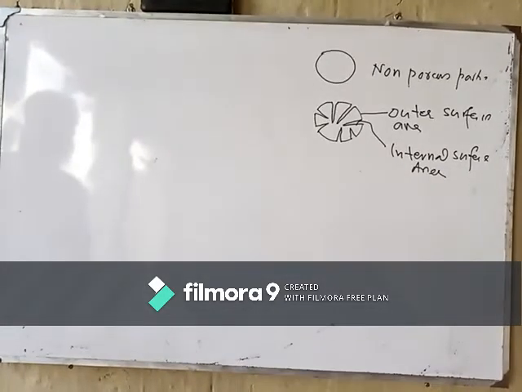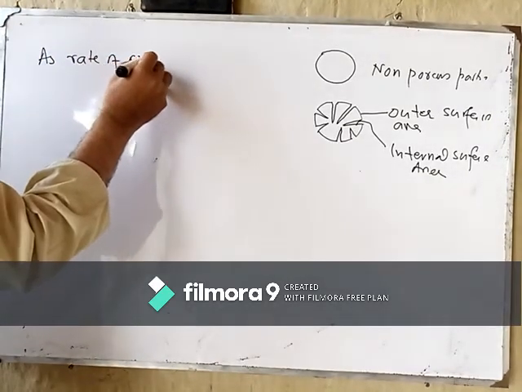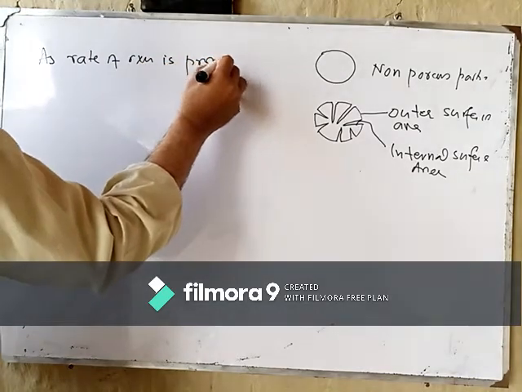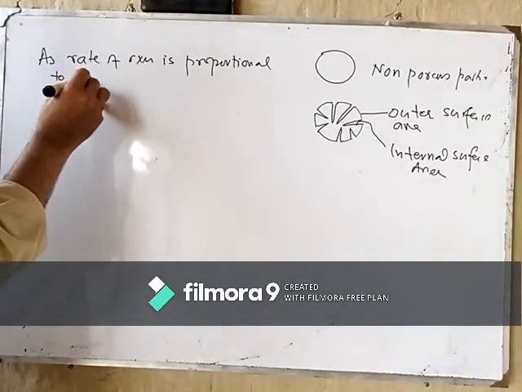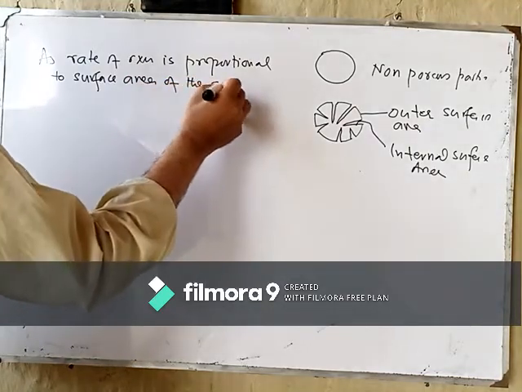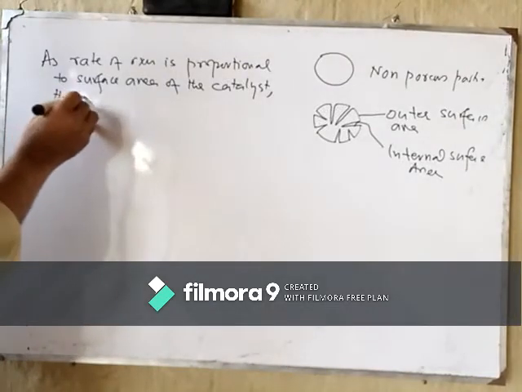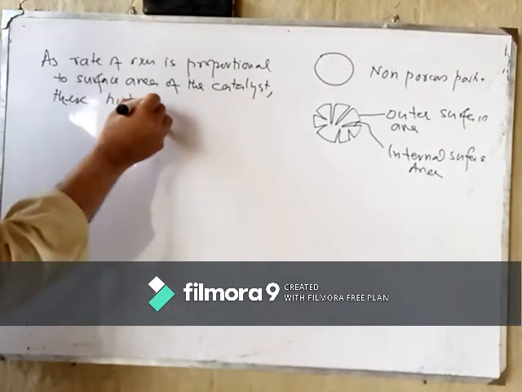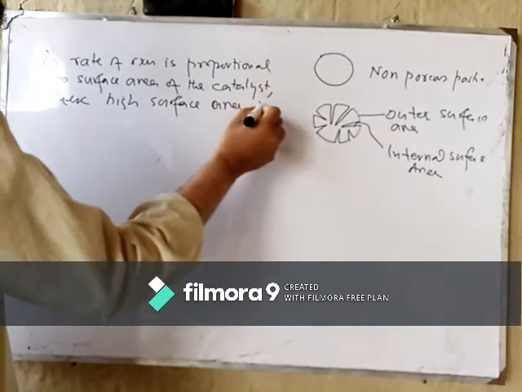As rate of reaction is proportional to surface area of the catalyst, therefore a high surface area is desirable.